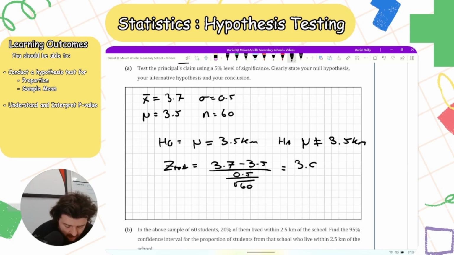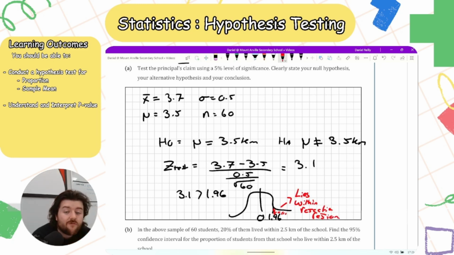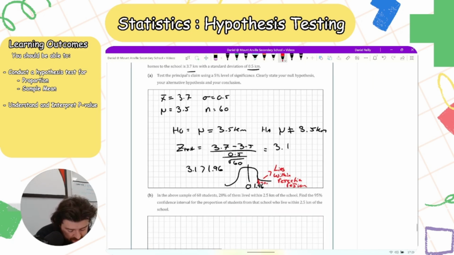We get 3.1. And then 3.1 is greater than 1.96. It lies within my rejection region. Therefore, we reject the null hypothesis. So the mean is not 3.5 kilometers.